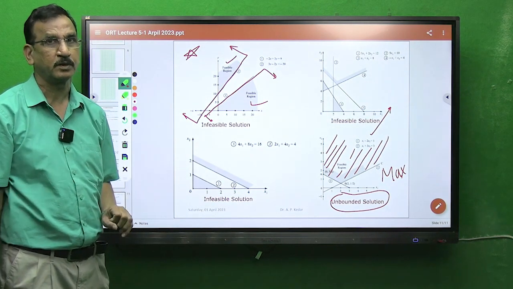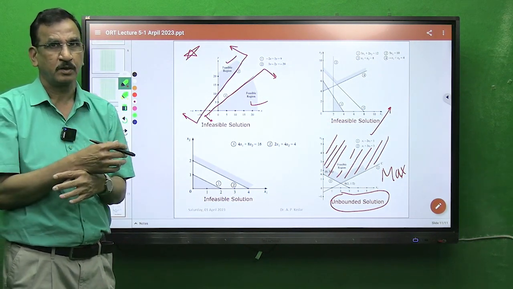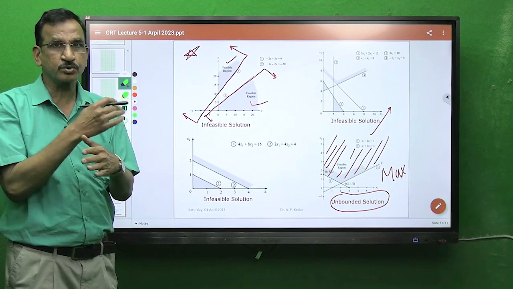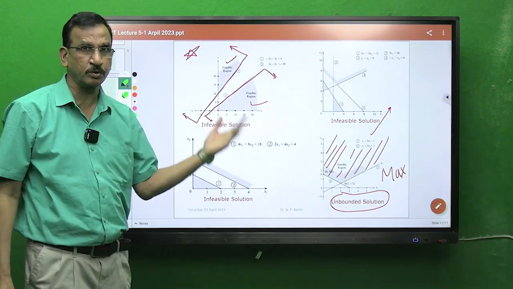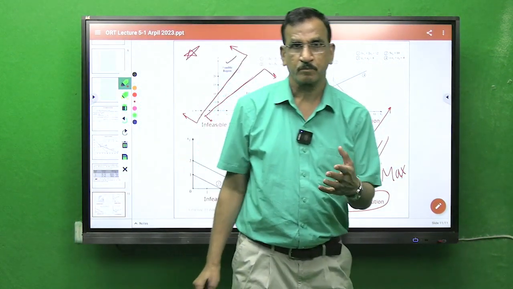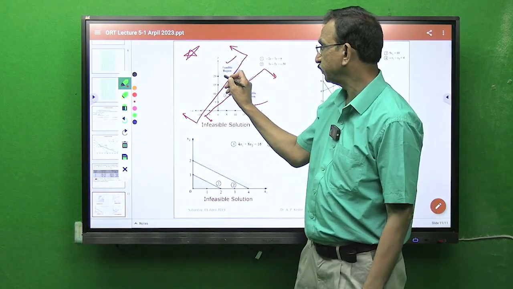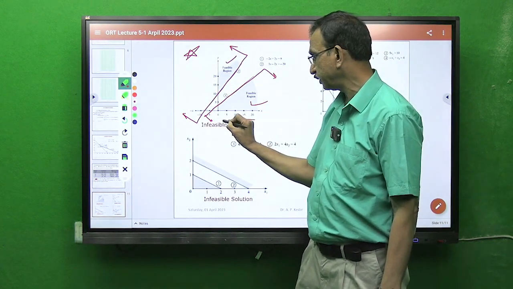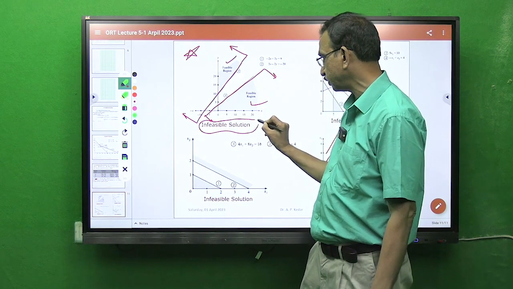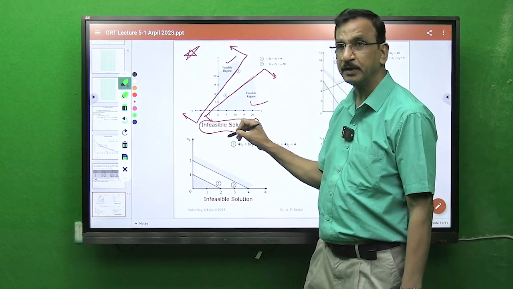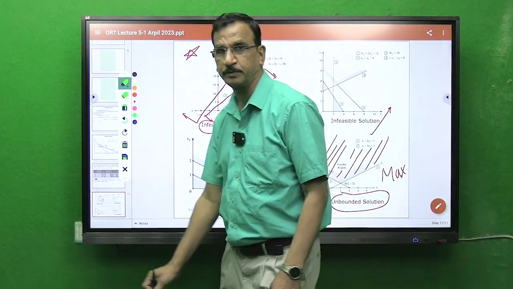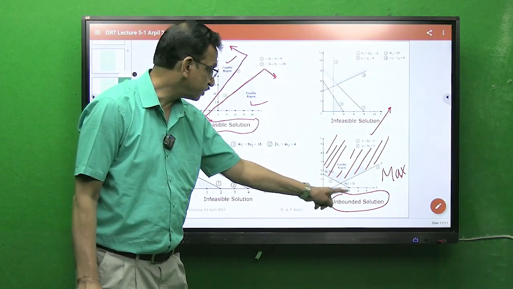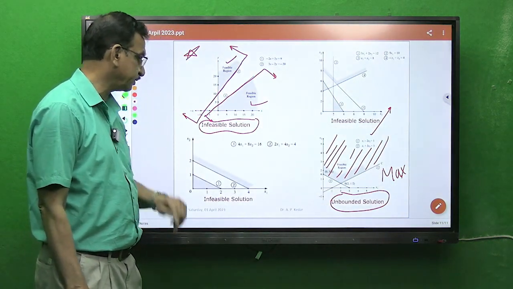That is very important. There is no commonness. There is no association between these two lines to represent a common feasible region. If you come across this situation in real life, the problem is stated as having an infeasible solution. Unbounded solution, second case, infeasible solution.